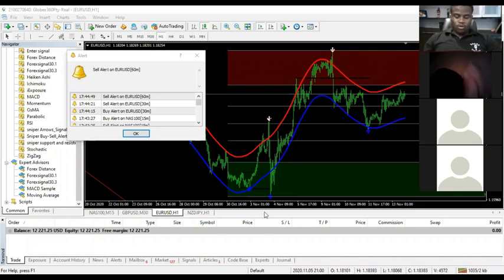But should the arrow tell you to buy in the green zone, then you know that it's a safe and perfect entry for you. If it tells you to sell in the red zone, you know that it's a safe and perfect entry for you. The stop loss will be right here above your supply zone.